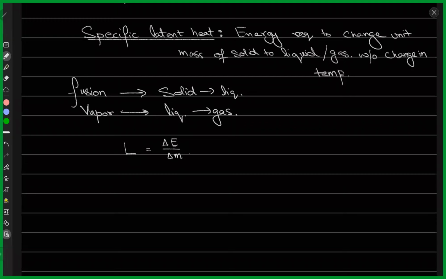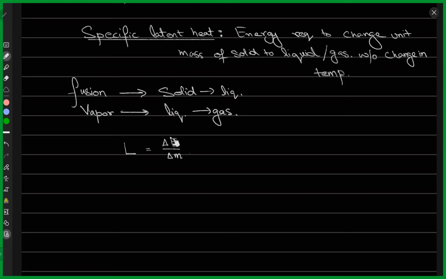Now, you can observe that there is no temperature in this equation. You would not even expect temperature to be a part of this equation because the temperature is kept constant when the phase is being changed. That's from the definition of latent heat, right? So L is the specific latent heat.